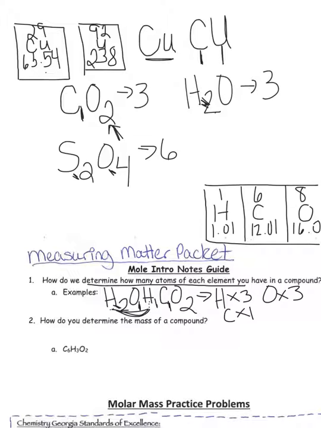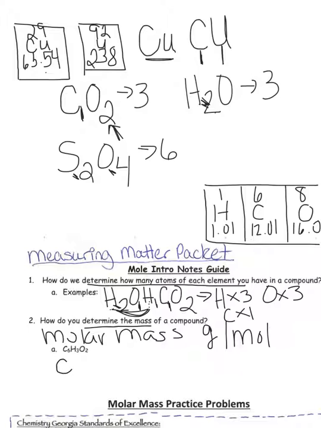Okay, now that's important because what we want to determine is the mass, or what we call molar mass. Molar mass has a unit of grams per mole. We're going to determine the molar mass of this compound right here. This compound has carbon, hydrogen, and oxygen.